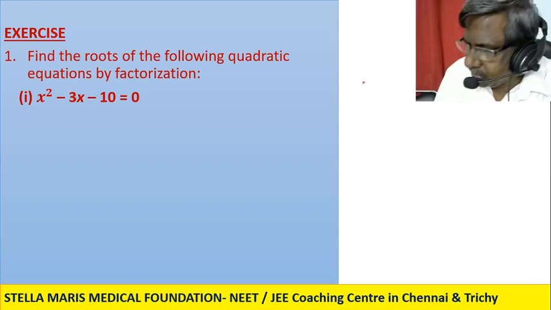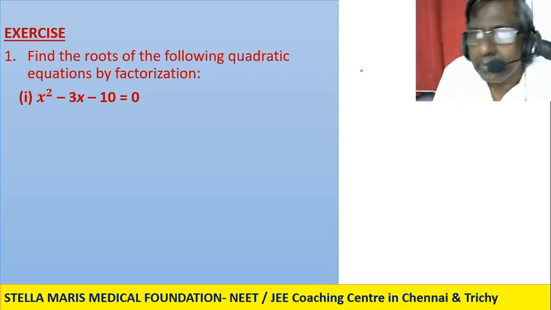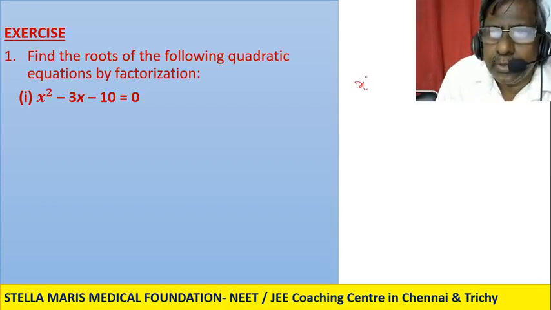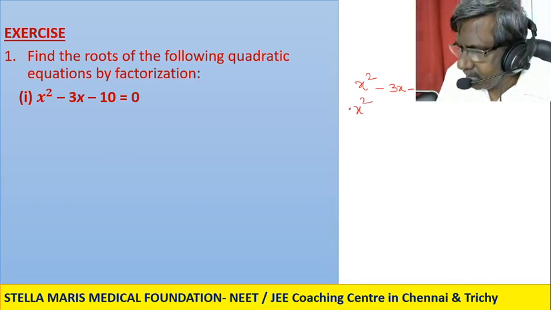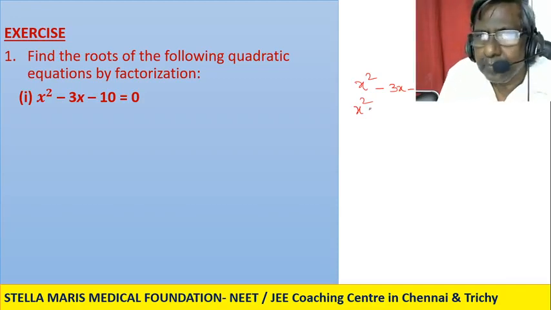In this problem, let me write this: x square minus 3x minus 10 is equal to 0. How are we going to solve x square? Good, Abhishek, it's minus 2 and 5. So x square minus 5x plus 2x minus 10 is equal to 0.